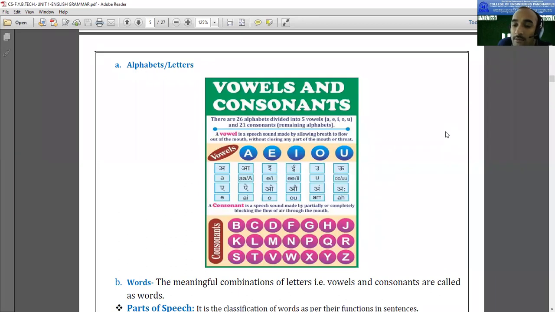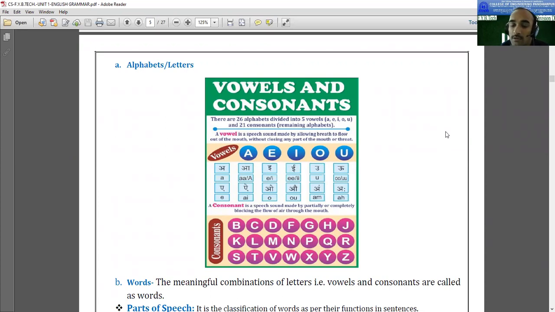So I haven't completely closed my lips or mouth while pronunciation of these words, and that's why these are called as the वॉवेल्स. वॉवेल्सचा आपण उच्चार तोंड बंद न करता, ओठ बंद न करता करू शकतो. ओके, अँड these are the vowels A, E, I, O, U.